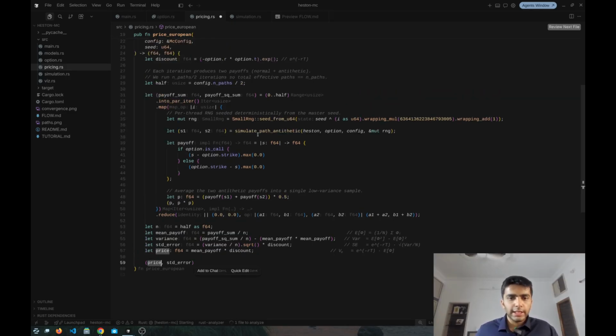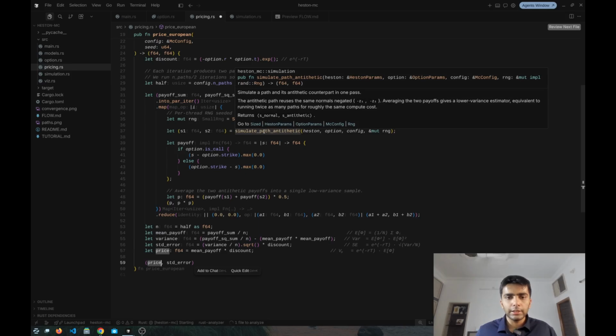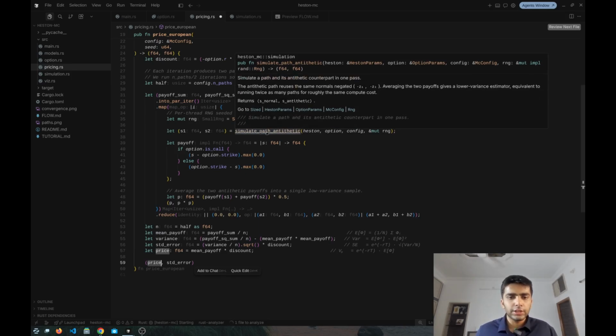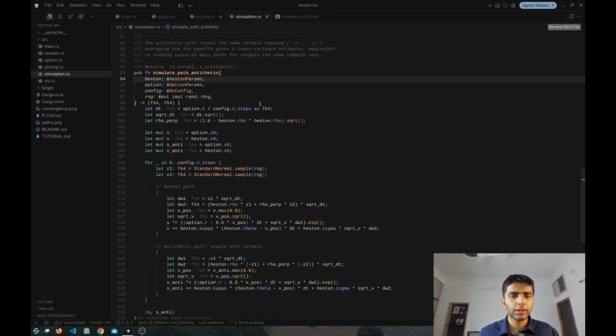Now let's have a look at this simulate path antithetic function, where we are generating those simulation paths. In this function we are simulating a path and its antithetic, that is its mirror image, and this function accepts all these parameters.